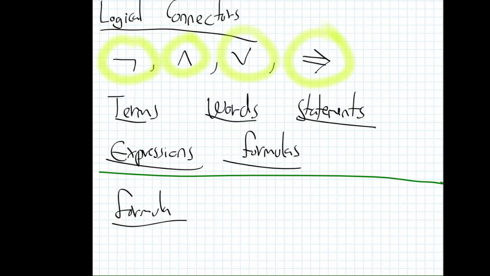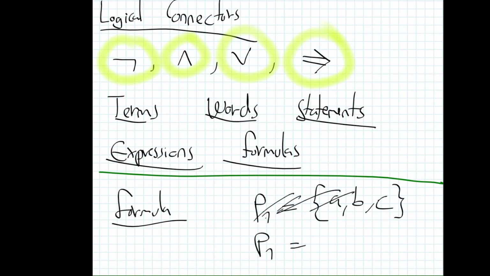We can call a propositional variable a composition of, let's call it P1. It's a composition of something else, A, B, and C. Or it could be that P1 is not in fact this.